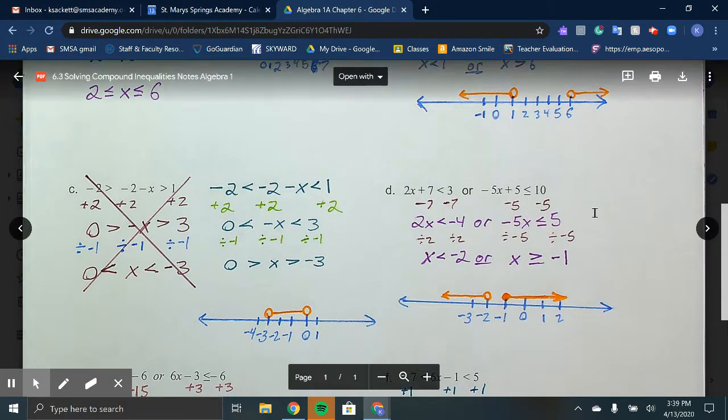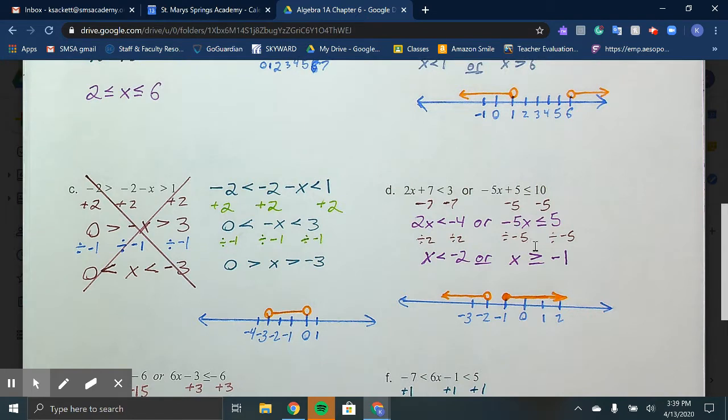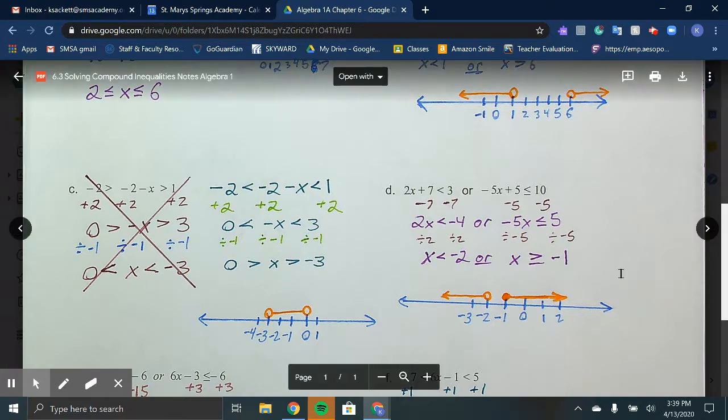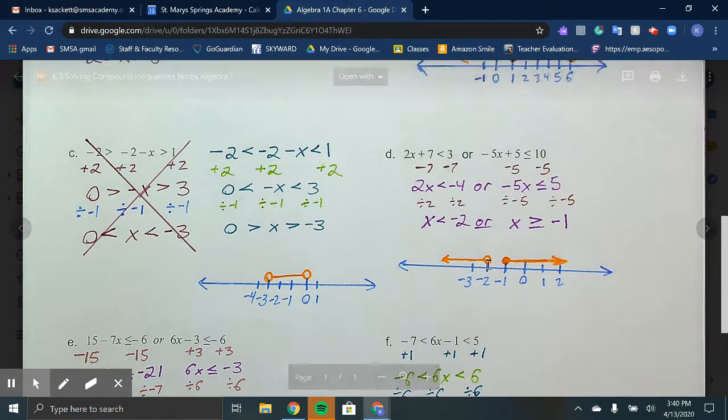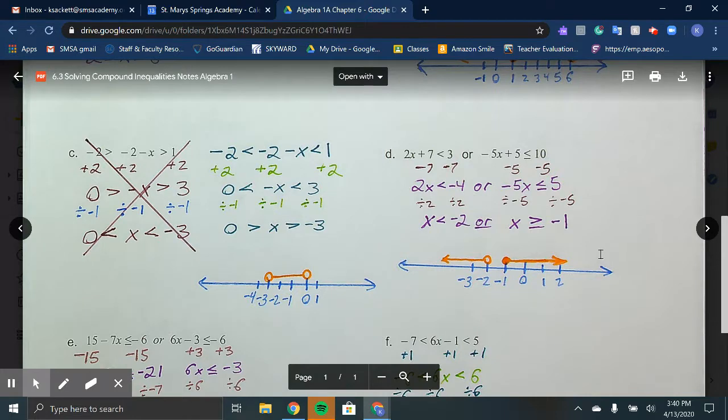Or, on the other one, subtract 5 from each side, then divide by the negative 5, meaning we have to flip the inequality, and that becomes x is greater than or equal to negative 1. So in this case, an open circle at the negative 2, because it's purely less than, and then a filled in circle at the negative 1 with the arrow going to the right for greater than or equal to.